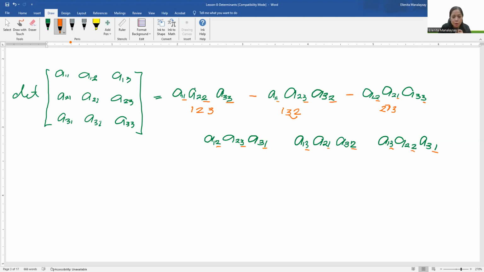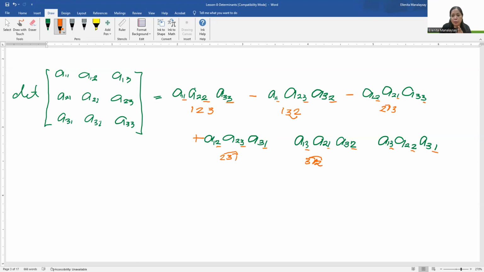How about this one? 2, 3, 1. So 3 comes before 1. 2 comes before 1. So there are 2 inversions. This is even, so the sign is positive. Next, we have 3, 1, 2. 3 comes before 1, 3 comes before 2, and no more.